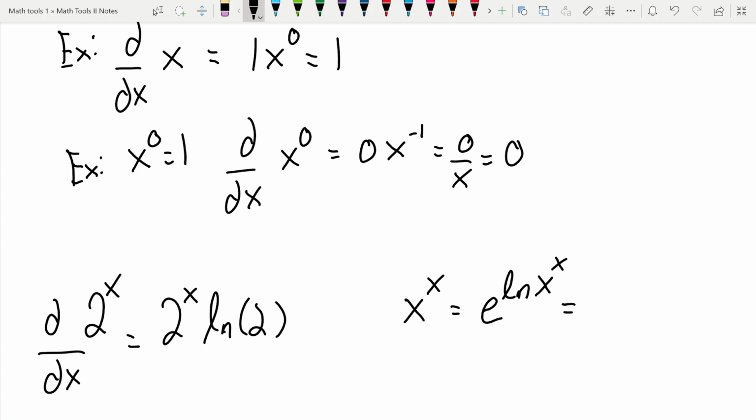So this is equivalent. So then you have e to the x natural log of x, and then you can apply two things called the product rule and the chain rule. But that's getting way ahead of ourselves. I just wanted to show basically that just because it has a power in it doesn't mean it follows this rule. It's specifically when you have x to some power, some constant power.